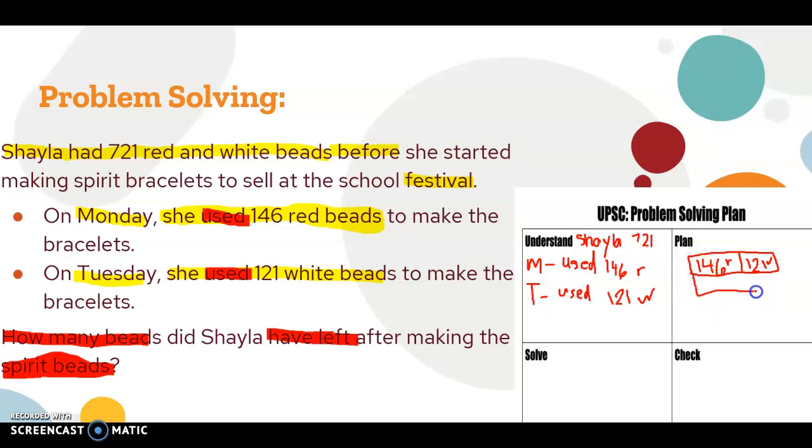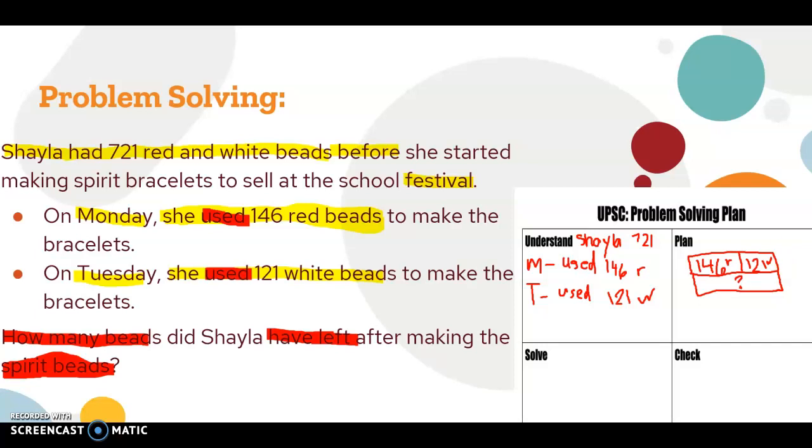I don't know how many she used all together. So if you're hearing me saying some vocabulary, ding, ding, ding, all together, total, that should already give you some clues on how you can solve this problem on Monday.